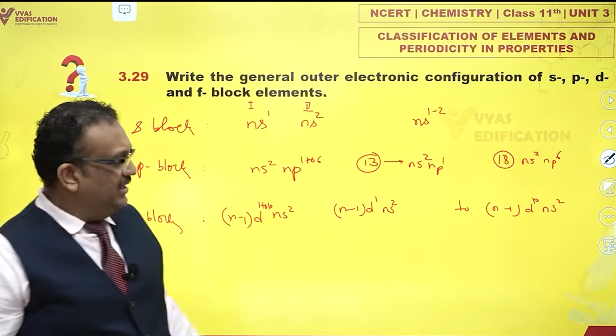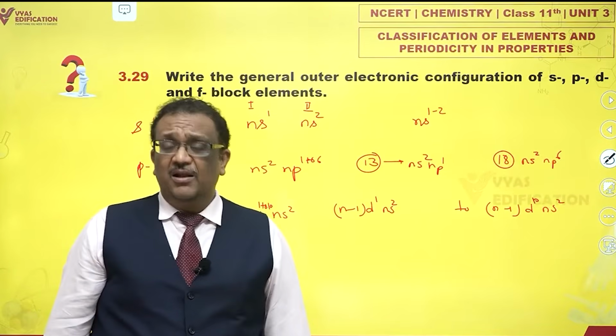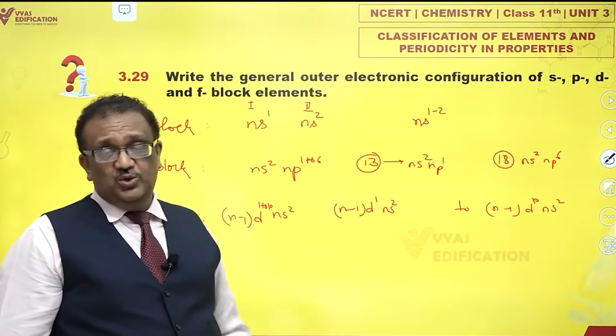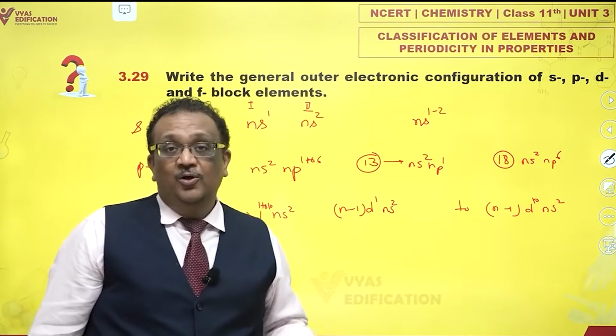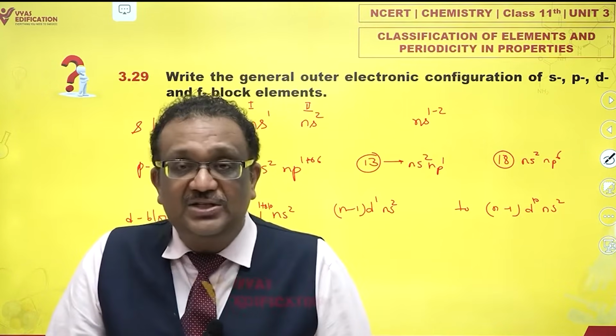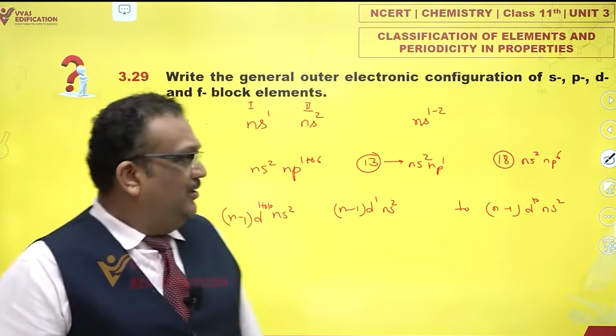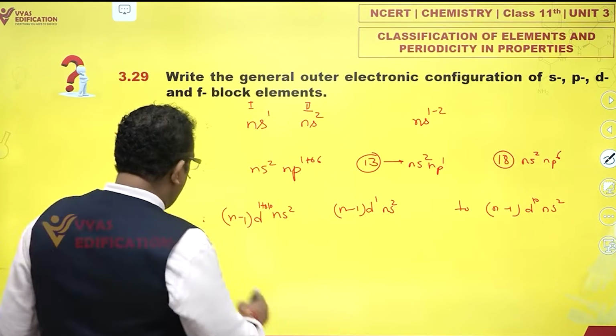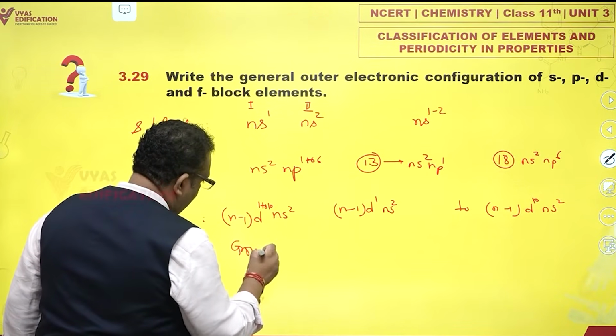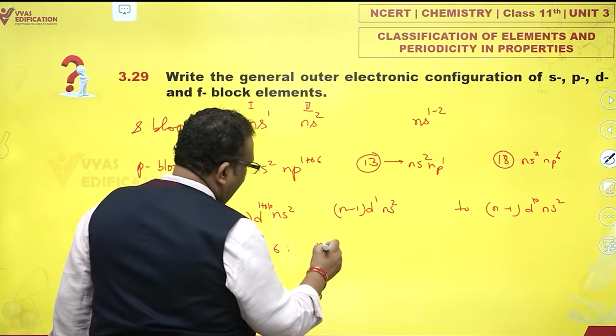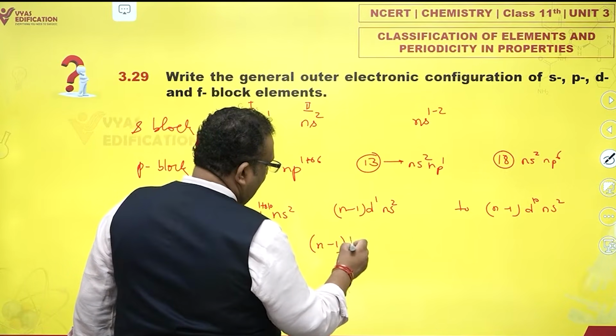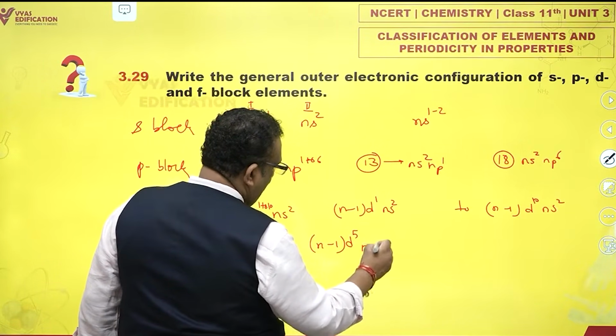This is usually the electronic configuration of d block. There are rare exceptions. Sometimes it becomes ns1, and that too for groups like group 6 and group 11. So for group 6, you have (n minus 1)d5 ns1.